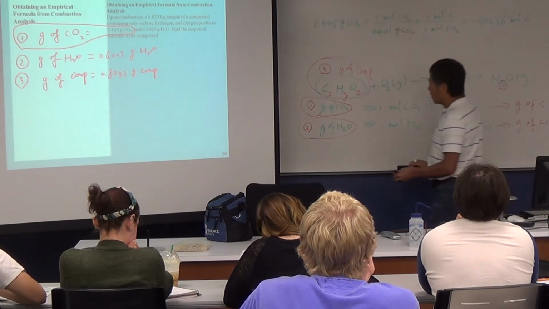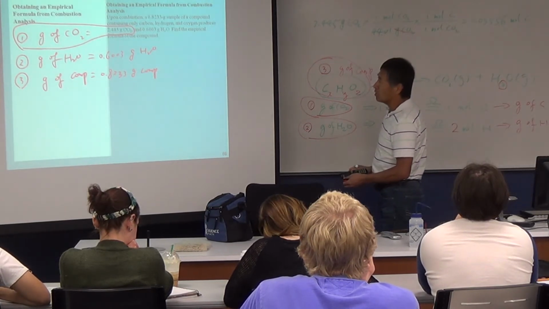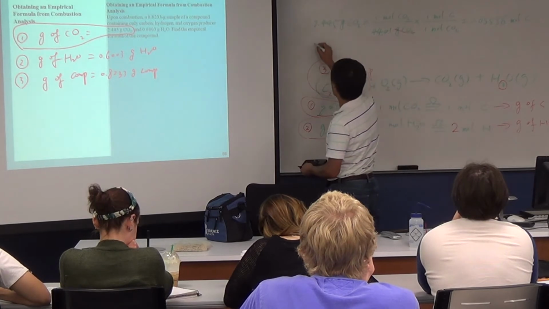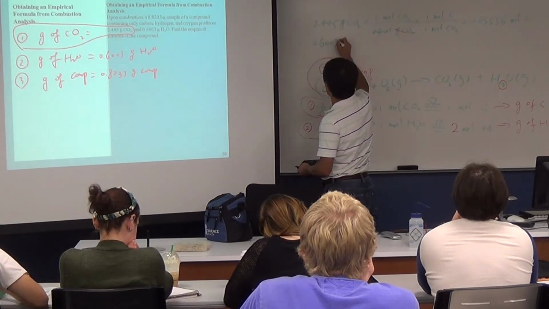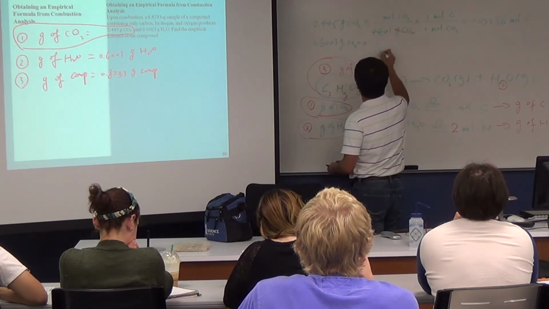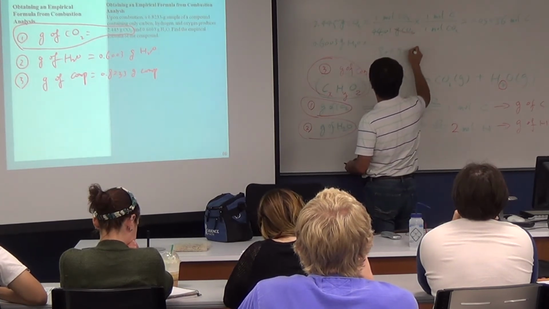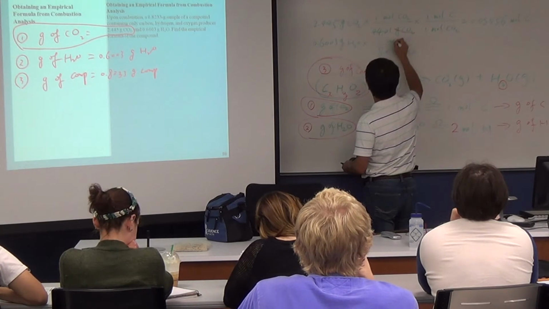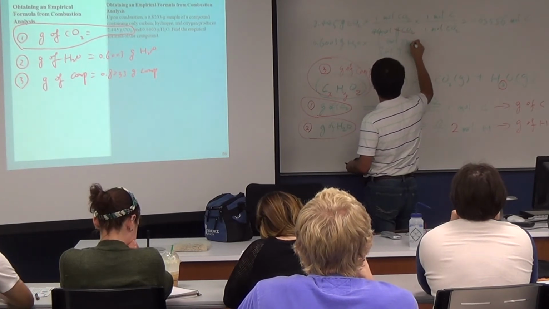Alright, so we'll do a similar calculation for the H2O. How much H2O do we have? 0.6003 gram of H2O. And use 18.02 gram of H2O per 1 mole of H2O.